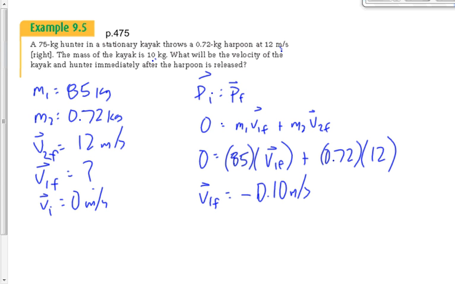Makes sense? Really the same question as we just did a minute ago, that homework question that we had, except that in this one the initial momentum was 0, because it was what I call an explosion, even though it's not literally an explosion. Same kind of idea, right?